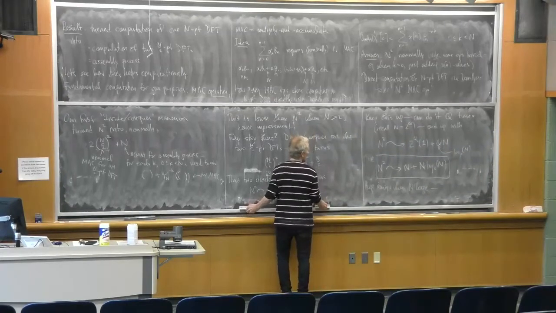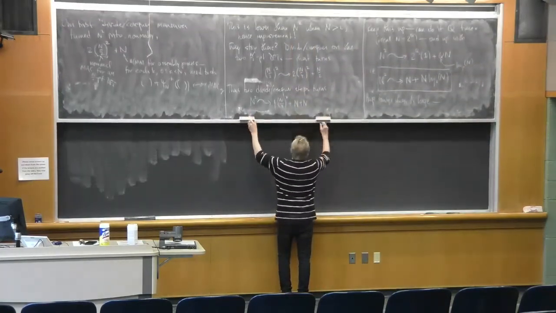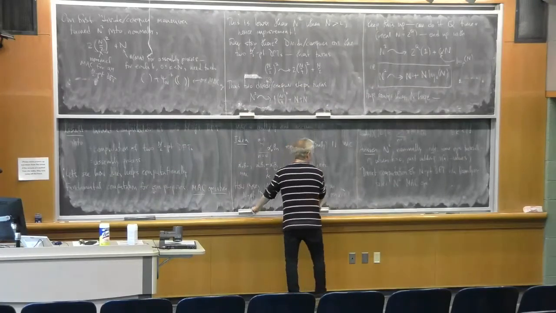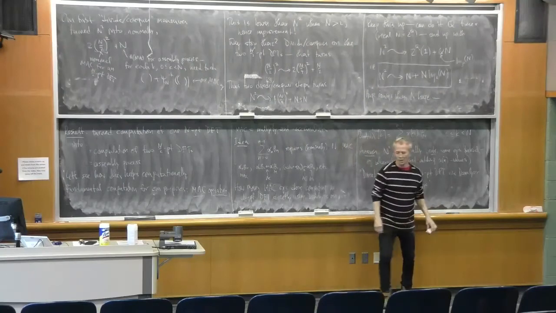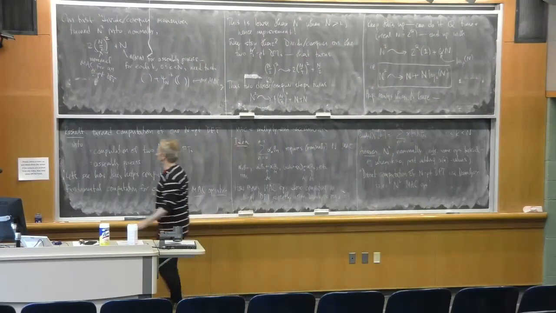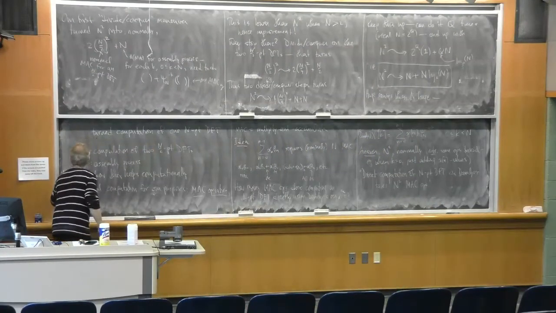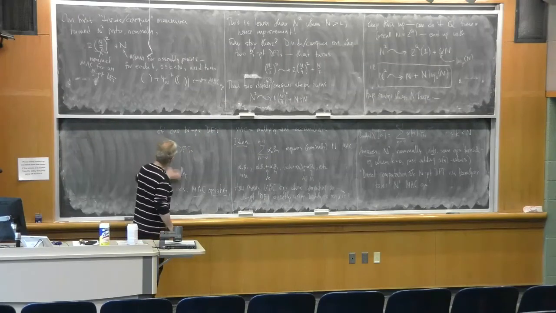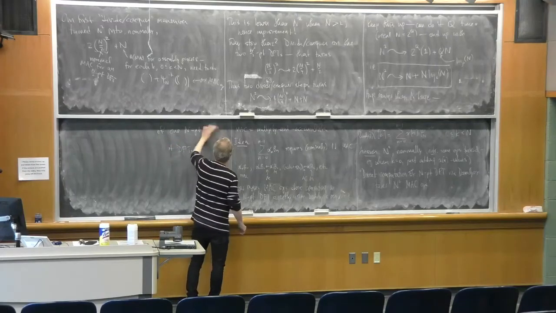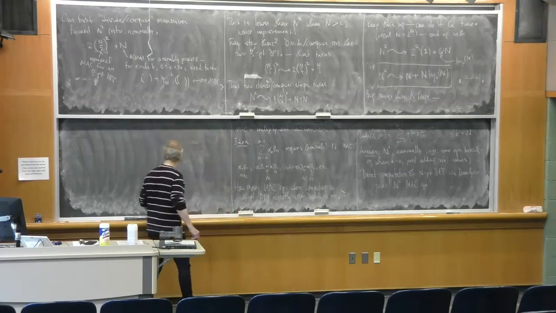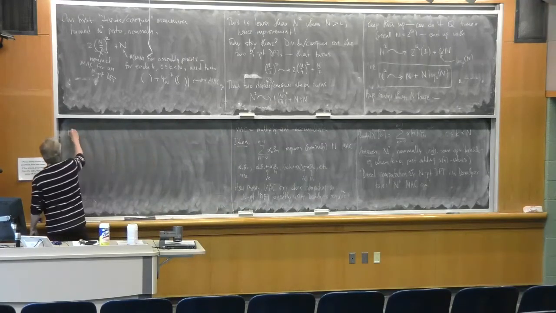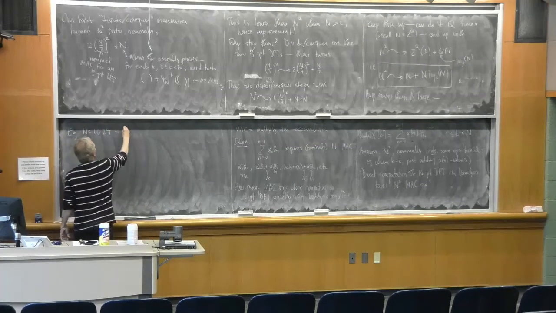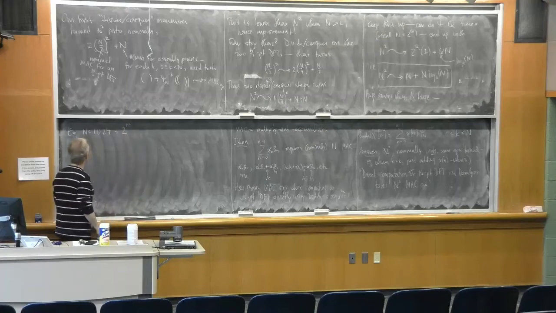Remember n has to be a power of 2, and 1024 is a power of 2, right? So how about if n is equal to 1024, equal to 2 to the 10th, so q is 10.